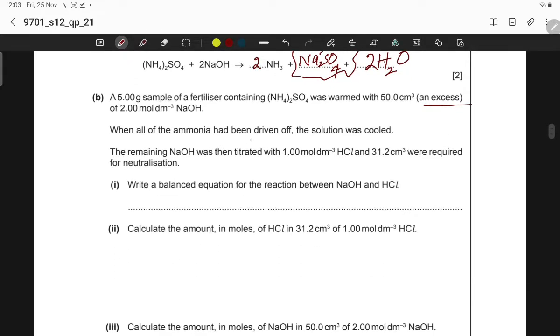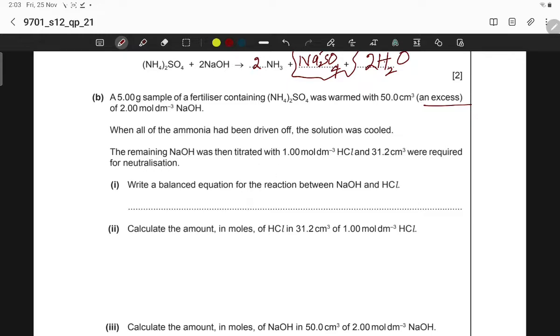When all the ammonia had been given off, the solution was cooled. The remaining sodium hydroxide was then titrated with 1 mole per dm cube of HCl, and 31.2 centimeter cube were required.